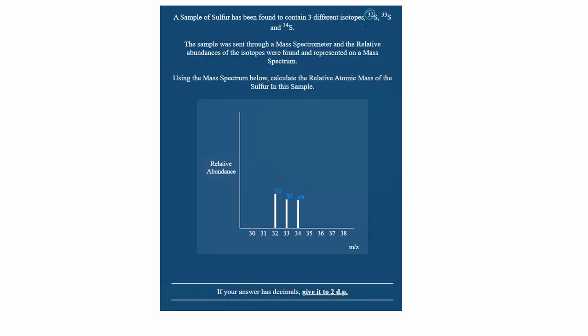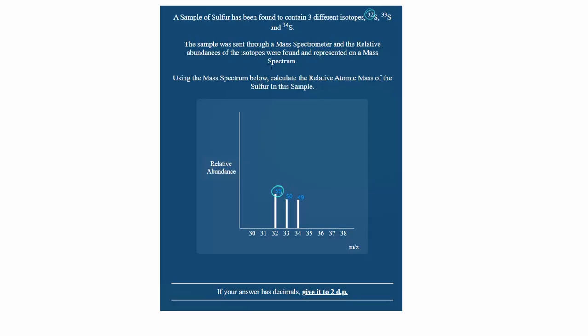What does this isotope correspond to on the mass spectrum? We're looking at the x-axis, the mass to charge ratio, the m/z, and under 32 we've got a peak with a relative abundance listed as 59. So that corresponds to the S32.